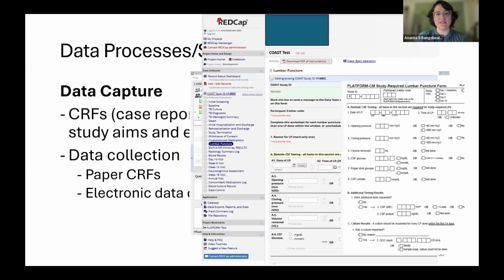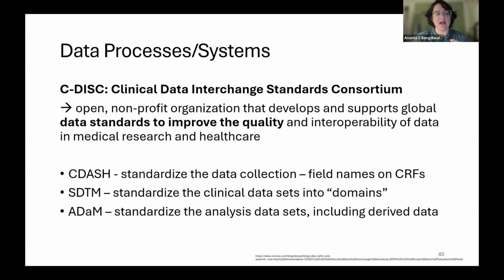All of these little elements on this CRF are called a field, and then on the back end, you've got a variable name. CDASH is going to tell you, for opening pressure on the lumbar puncture form, that field should have this specific name.